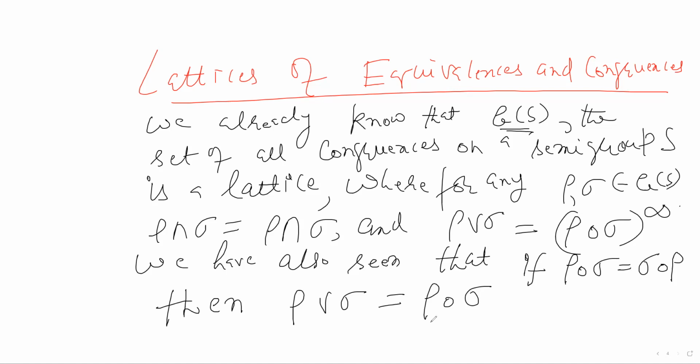Okay, the next result says that this is always true in case of groups. If the semigroup is a group, then the join is always composition. Why? Because in groups the composition commutes. So this is a very nice result about groups.